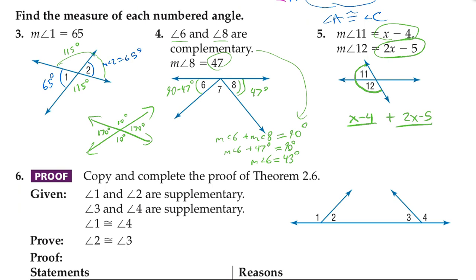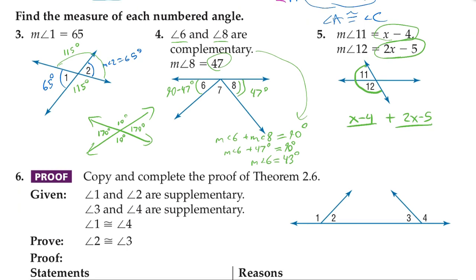Those two expressions add up because the measures of those angles add up to 180. And so then I just combine like terms, so 3x minus 9 equals 180, add the 9 to both sides, and we get 3x equals 189, divide by 3 on both sides, and we get 189 divided by 3 is 63, so x is 63.